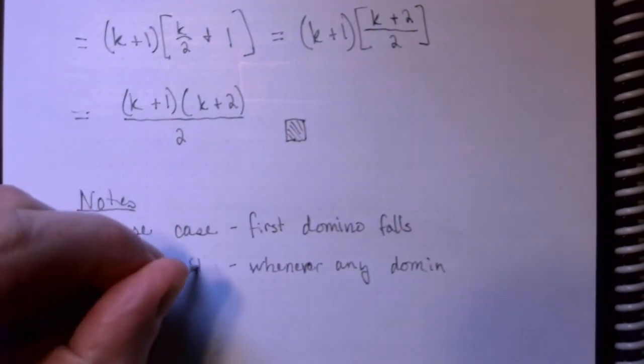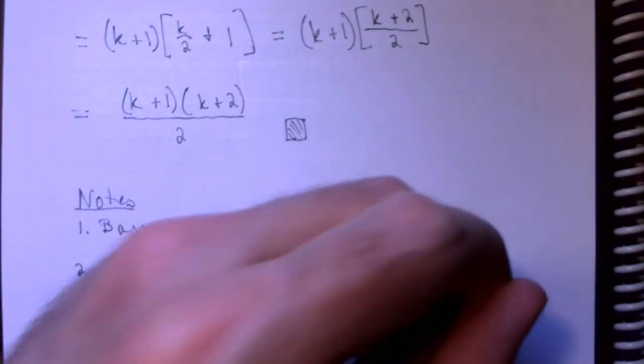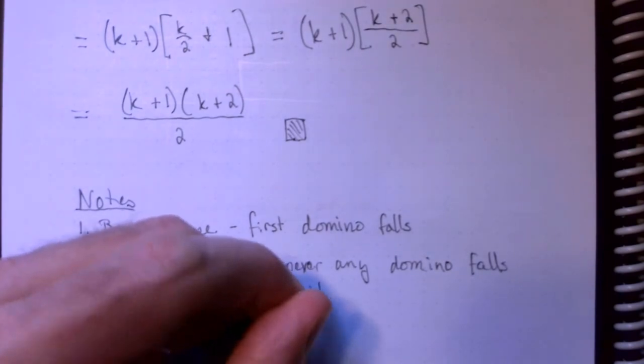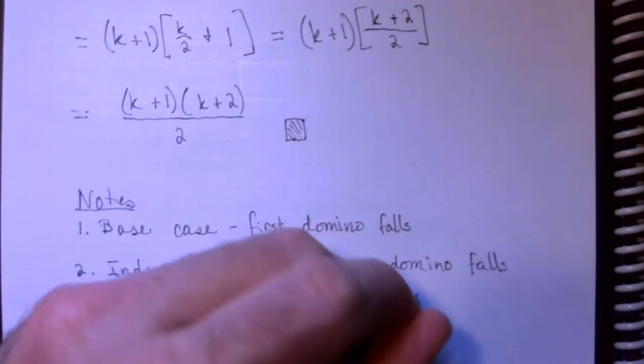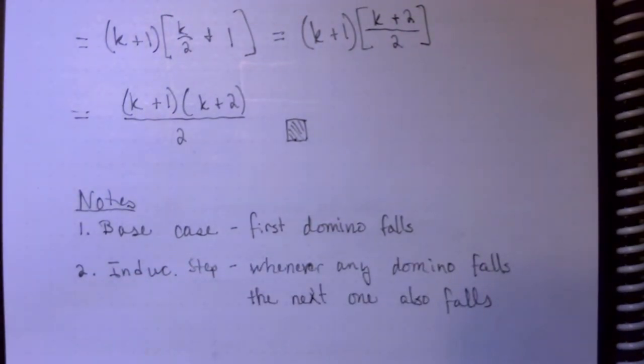The induction step shows that whenever any domino falls, the next one also falls. Okay, so when we do the induction hypothesis, we're assuming that a domino will fall. And the induction step shows that if that domino does fall, then the next domino will also fall.